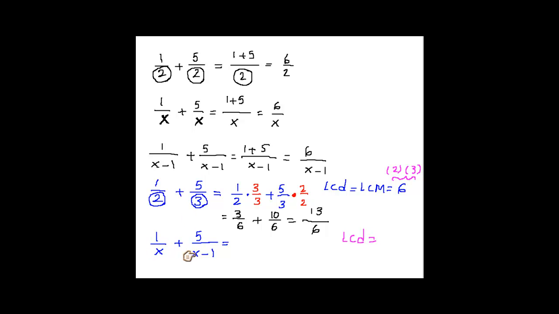Instead of 3, I have a different number like x minus 1. So the LCD must also be the product of these two, just like the LCD was the product of 2 times 3. The LCD then would be equal to x times x minus 1.